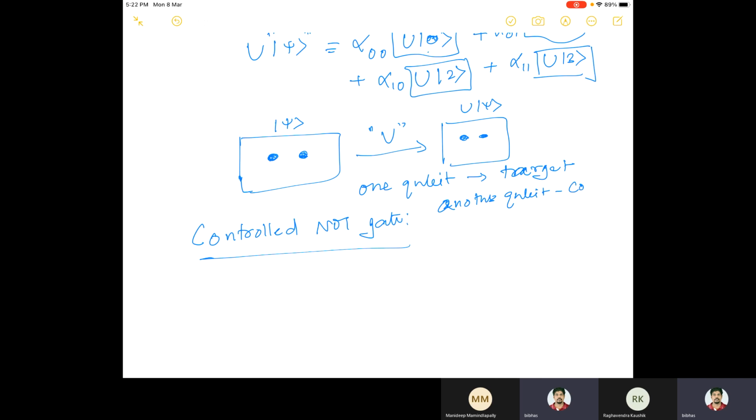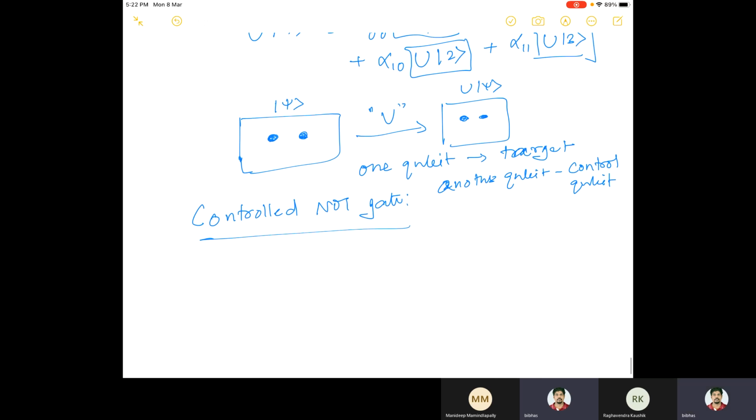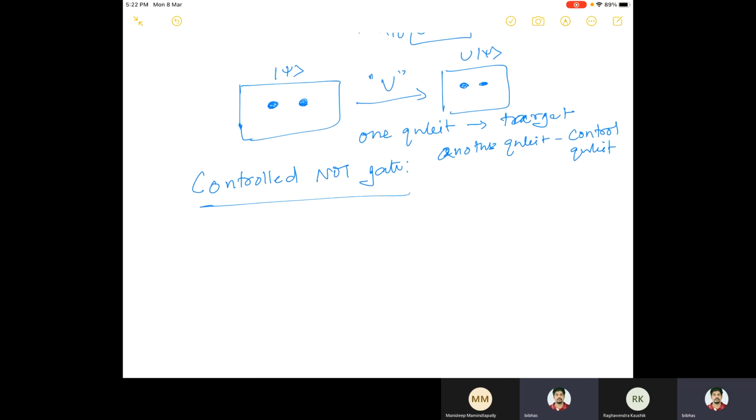That's the control qubit. The CNOT gate is like the way we defined it for the classical gate in classical computation. It is the same thing, only the bits will be replaced by qubits. Let us write it as the CNOT gate.